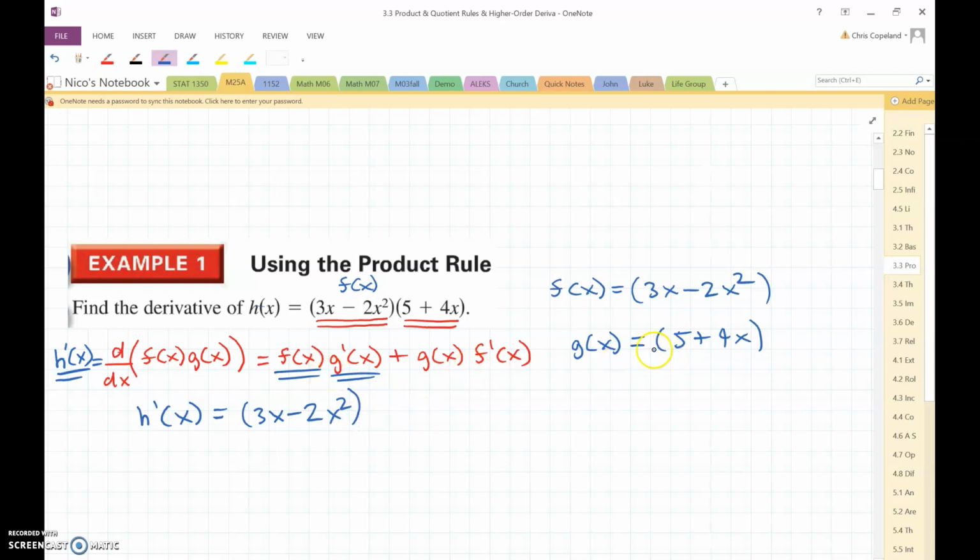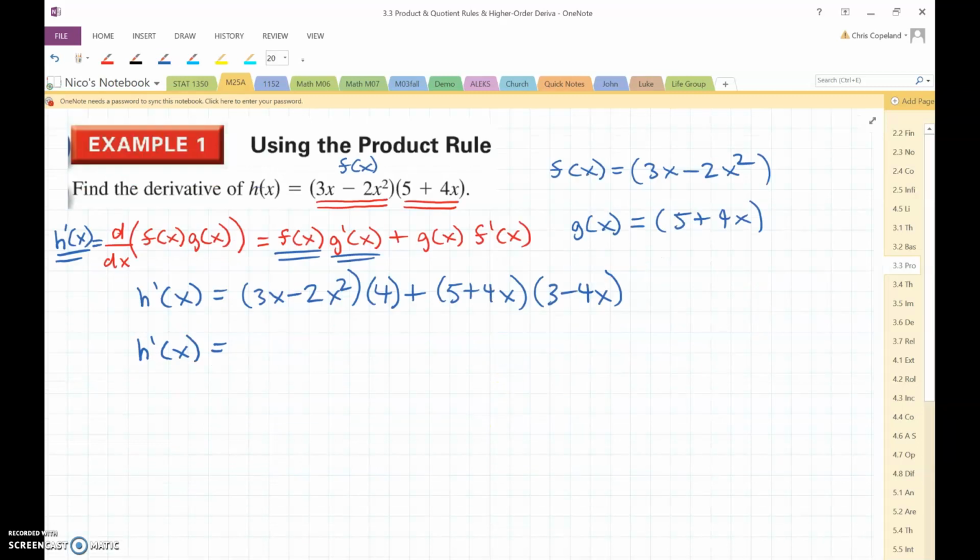G prime of x, if I take the derivative of g of x, that's going to just be 4, plus g of x, well, g of x is 5 plus 4x. F prime of x, if I take the derivative of f of x, that's going to be 3 minus 4x. And now we're just going to simplify.